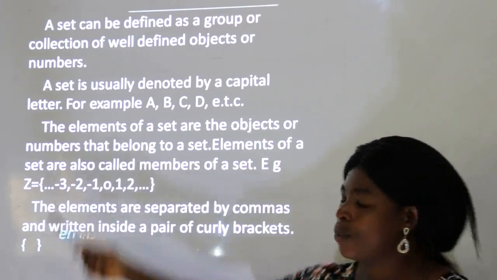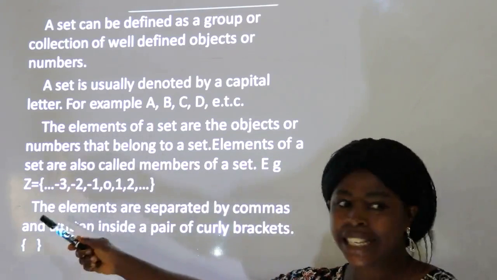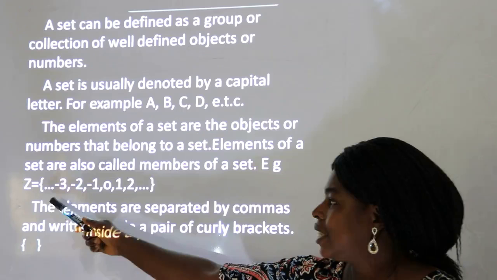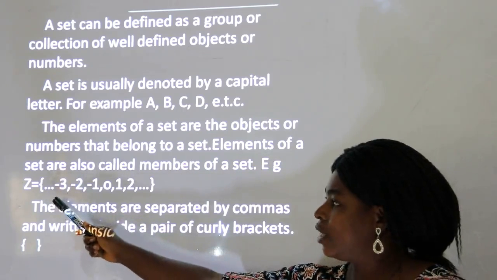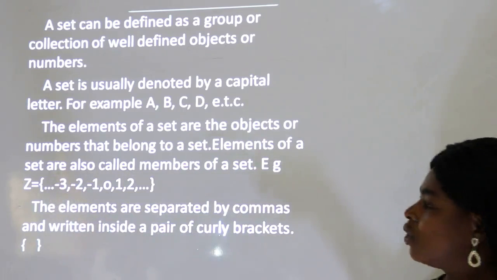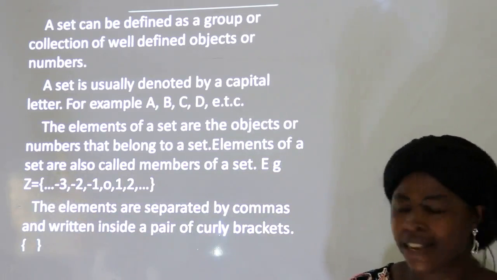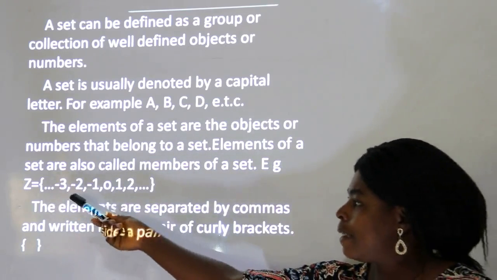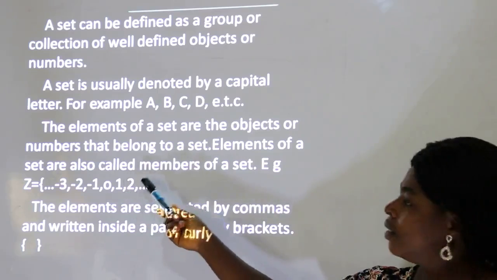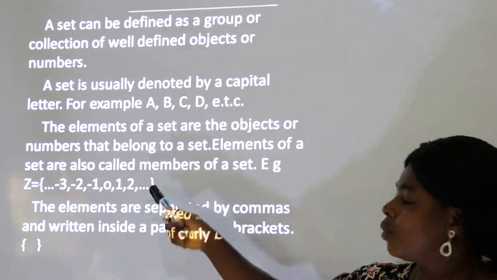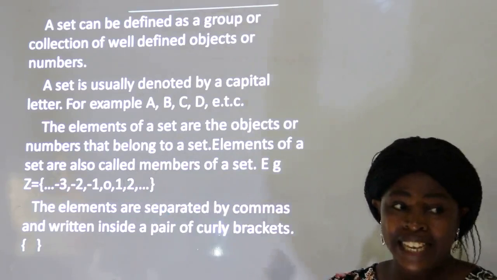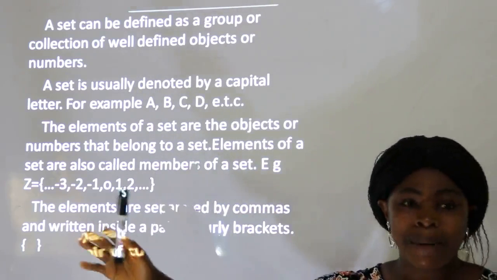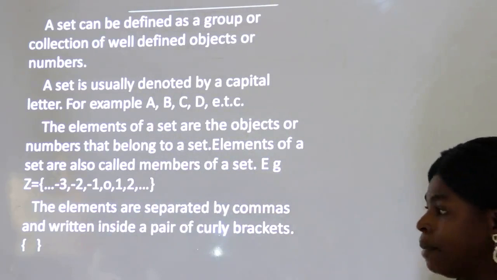For example, we are using Z as an example. Z is equal to, we have some dotted line, then -3, -2, which means we have other numbers, and so on. This one is an infinite set because we have plenty of uncountable numbers.